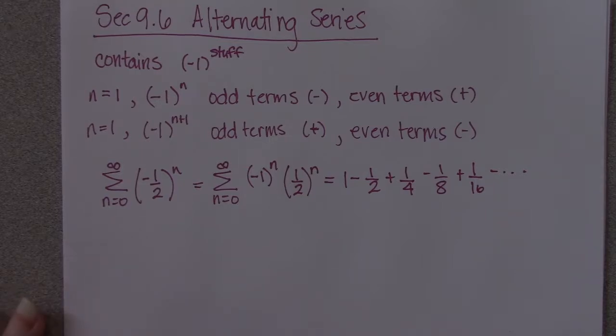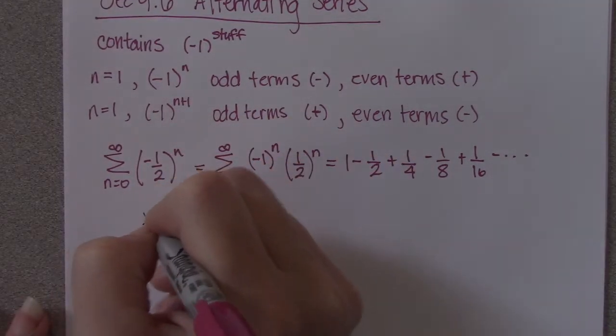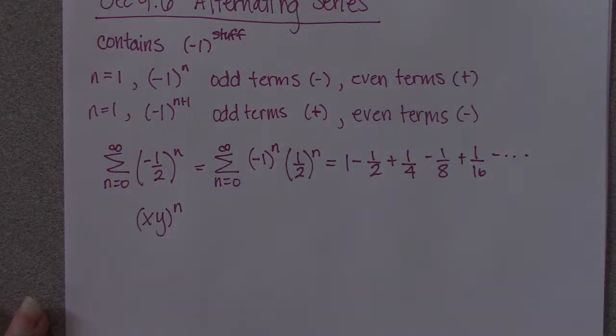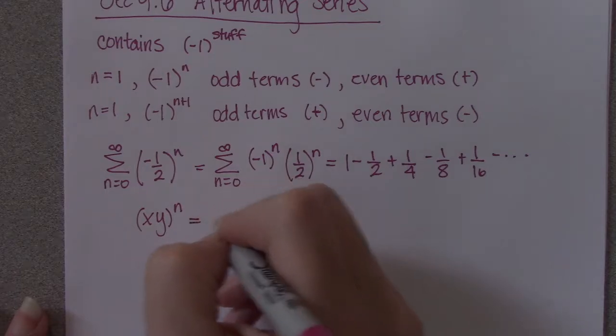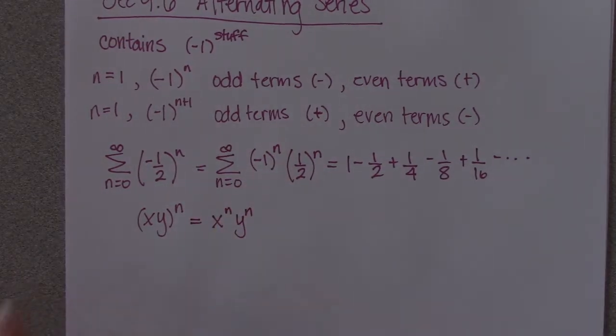So don't forget a really important property of exponents. If you have two things being multiplied together raised to an exponent, you're allowed to rewrite it as each individual thing raised to that same exponent, and they get multiplied together. Similarly, if you start with this and you need to combine them, you're allowed to combine them back.